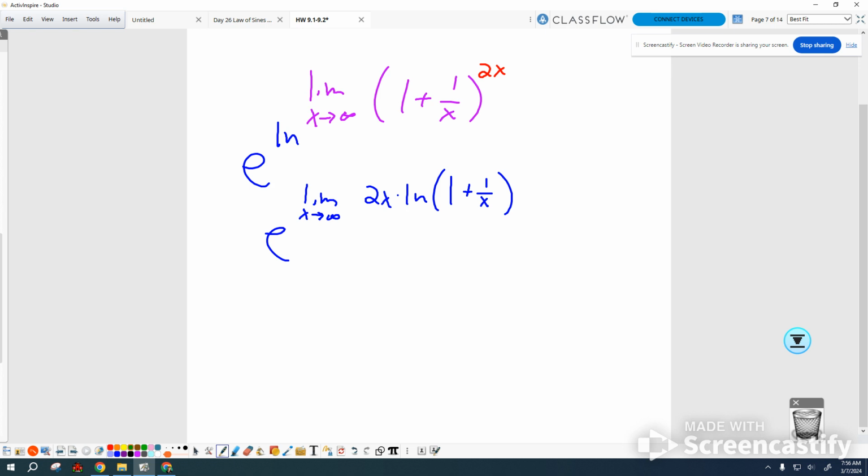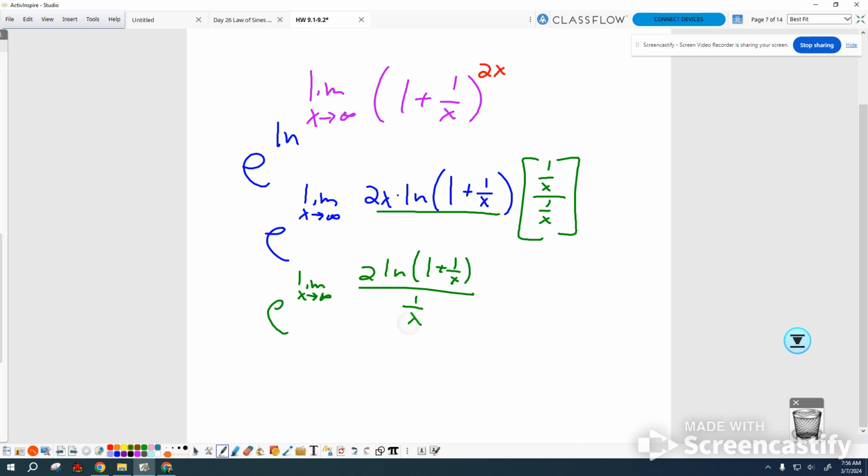L'Hopital's does not apply, I don't have a fraction, so I need to force a fraction to happen. So that becomes 2 natural log of this stuff. Now I'm evaluating a limit of a fraction.